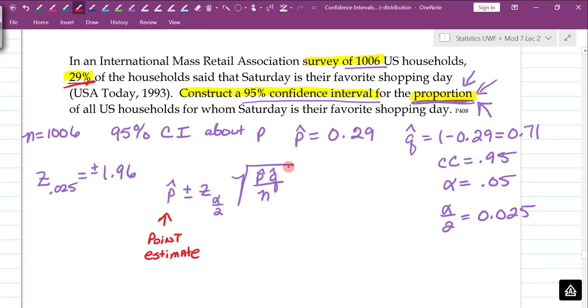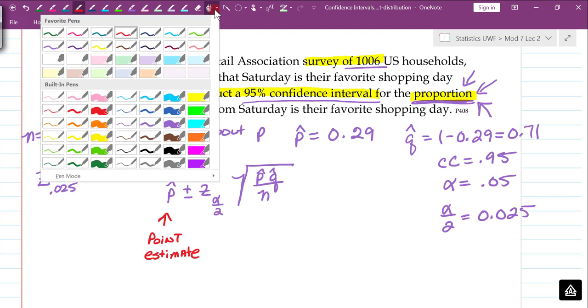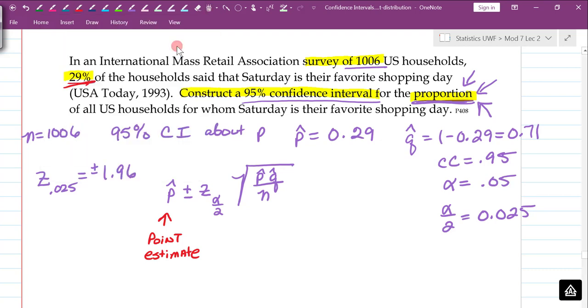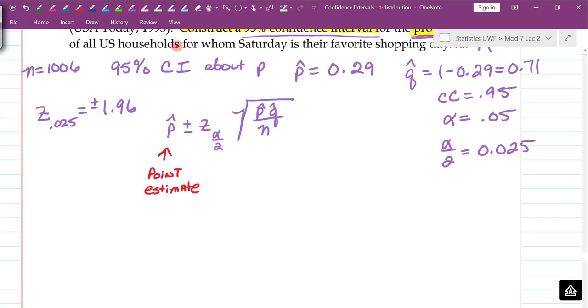So let's go ahead and substitute all these different values in, and I want to go ahead and get a little bit thinner of an ink. So this is going to be 0.29 plus or minus Z alpha half, 1.96, on the square root of P hat, which is 0.29, multiplied by Q hat.